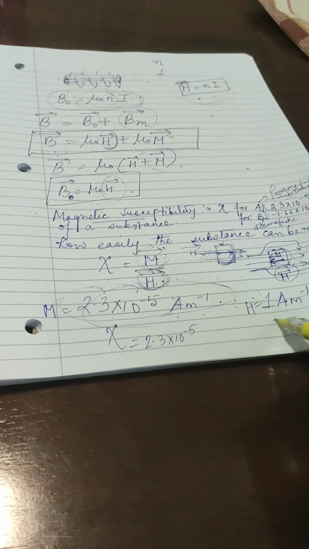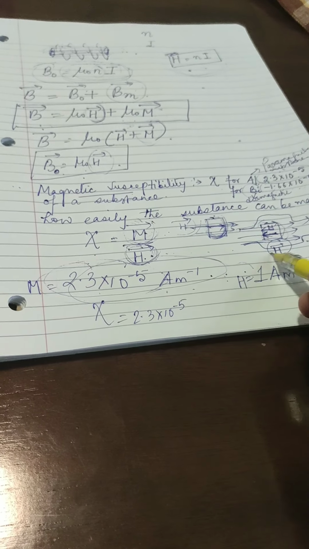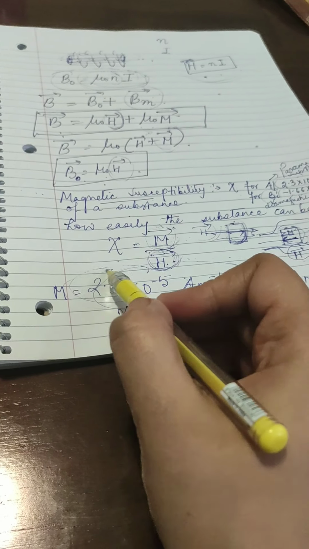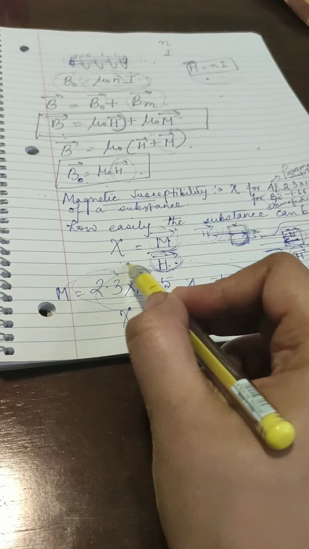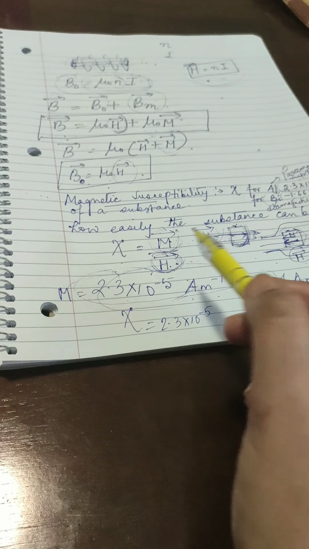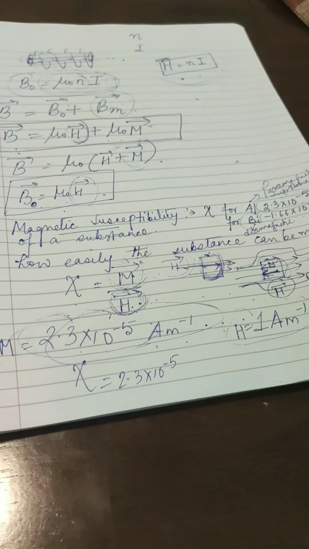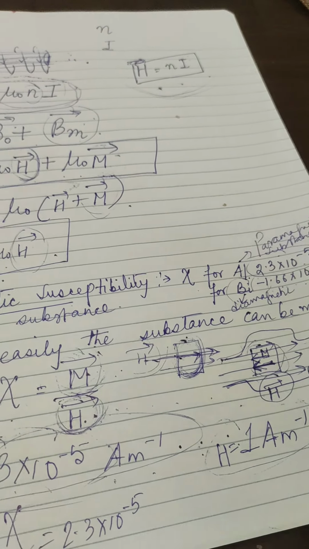When the magnetic field intensity of the external magnetizing field is 1 ampere per meter, the magnetization produced in the substance is this much ampere per meter. That is the meaning of susceptibility, and it is different for different substances. We have already seen aluminium and bismuth.